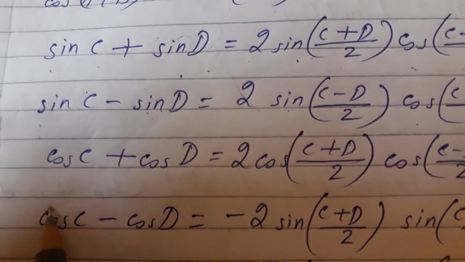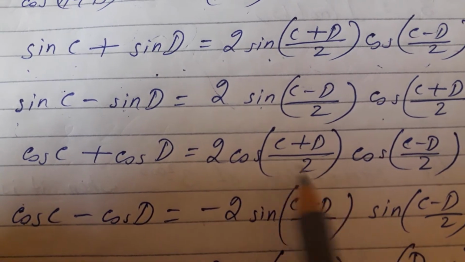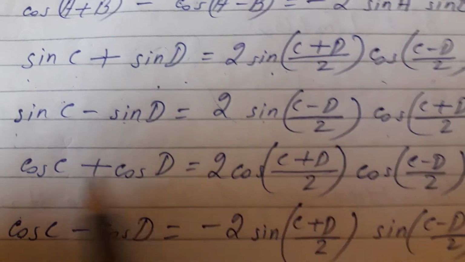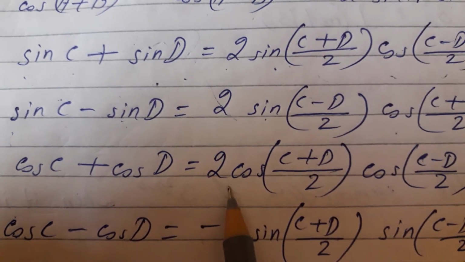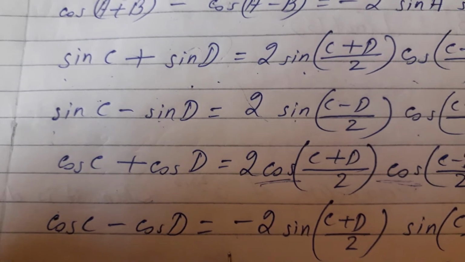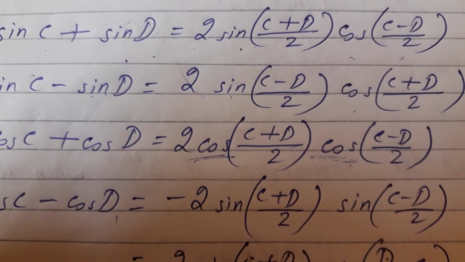Similarly, cos c plus cos d equals 2 cos c plus d by 2 cos c minus d by 2. Why? Because cos means into same. Here also will be cos function, and this also cos function. Then cos c minus cos d: cos means into same, so here you have to write sin, obviously.